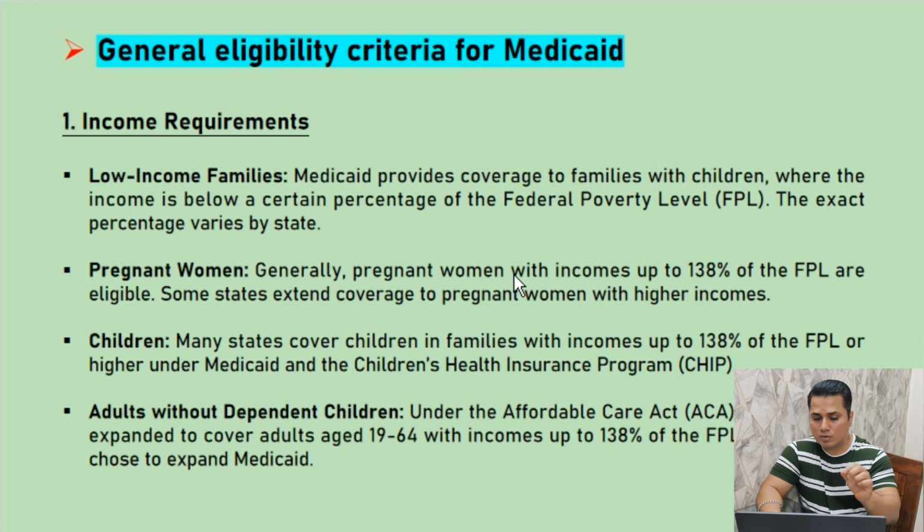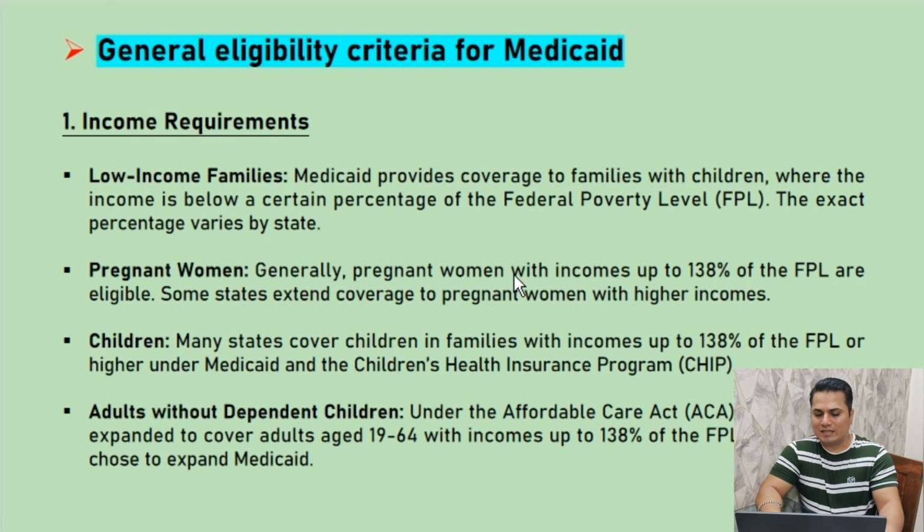Number one, income requirements. Low income families. Medicaid provides coverage to families with children where income is below a certain percentage of the federal poverty level, FPL. The exact percentage varies by state. Pregnant women. Generally, pregnant women with incomes up to 138% of the FPL are eligible.